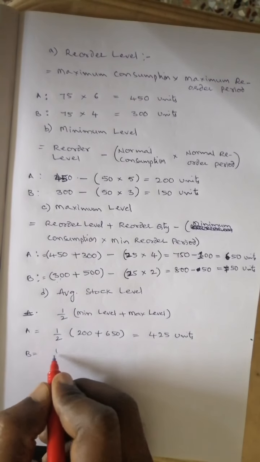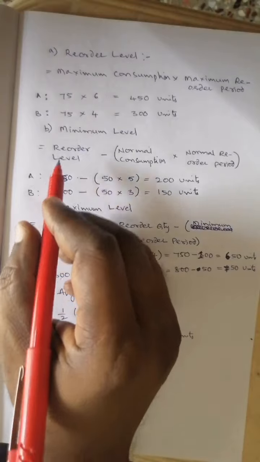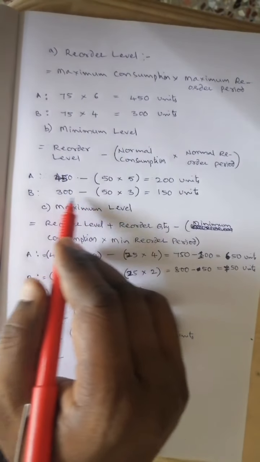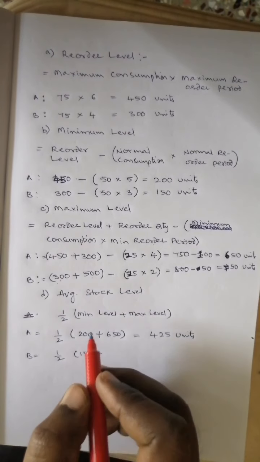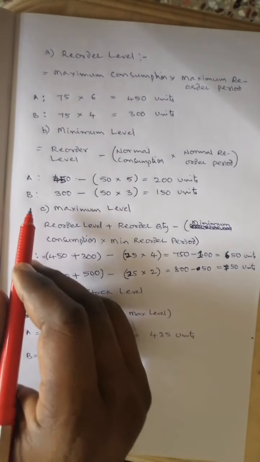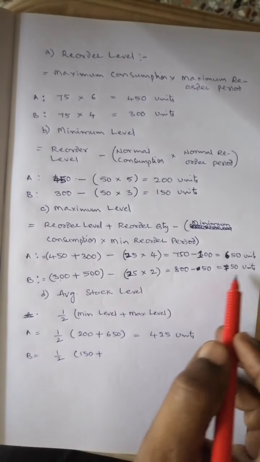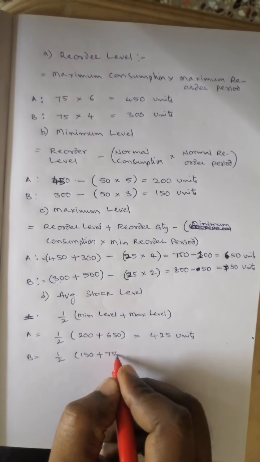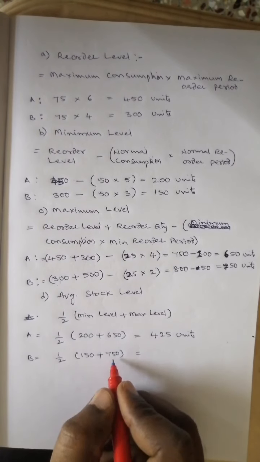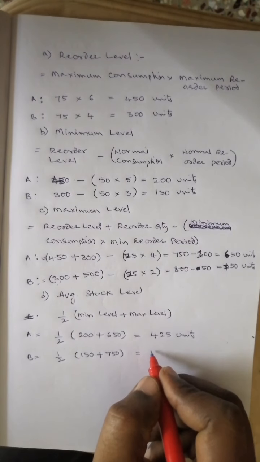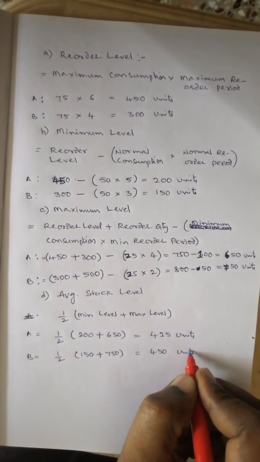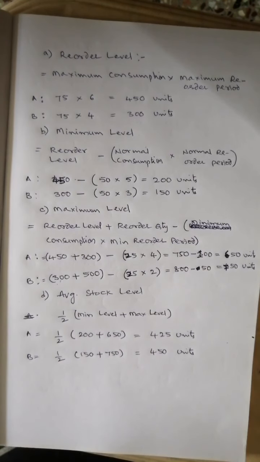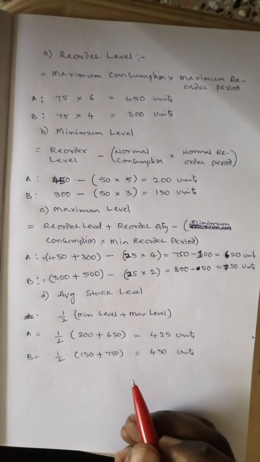For B product, 1 by 2 of minimum level of B product is 150 units, 150 plus maximum level of B product is 750 units. So 750 plus 150, 900 by 2 means 450 units. So this is the computation of average stock level.